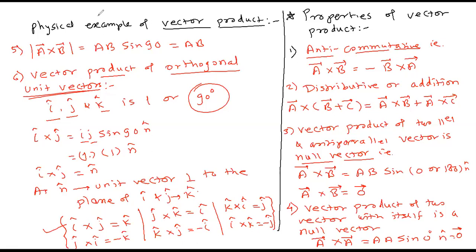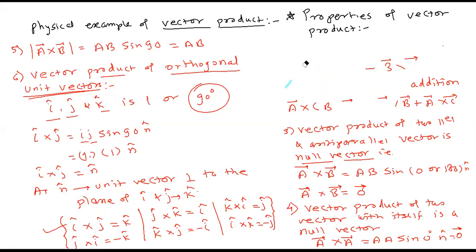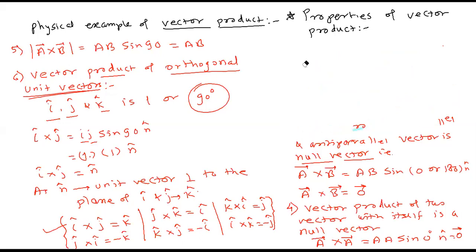I will give you an idea of how to remember whatever we have written here: i cross j, j cross k, and k cross i, or j cross i, k cross j, and i cross k.